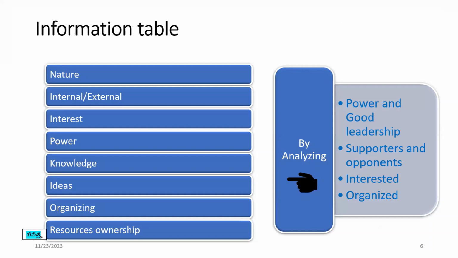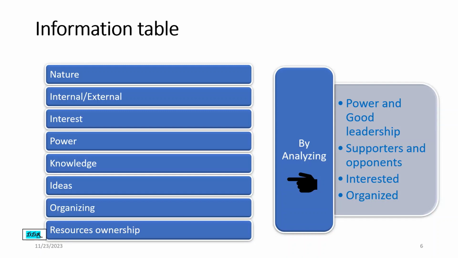stakeholders. How about their interest in the project? And power: how much power do they have to affect or influence the project? And then knowledge, the awareness and knowledge about the project. And attitudes, whether they give cooperation or not. And organizing part, whether they oppose the project.